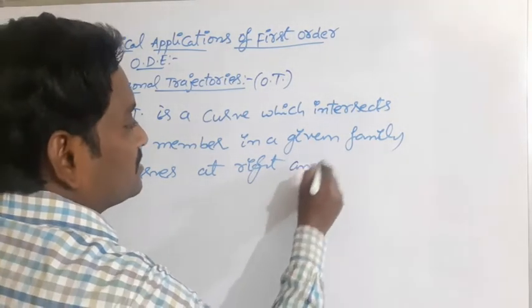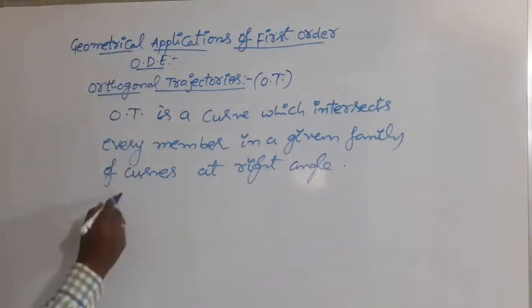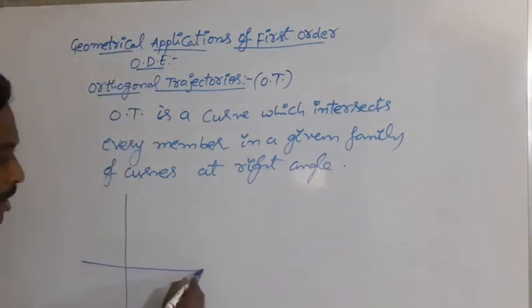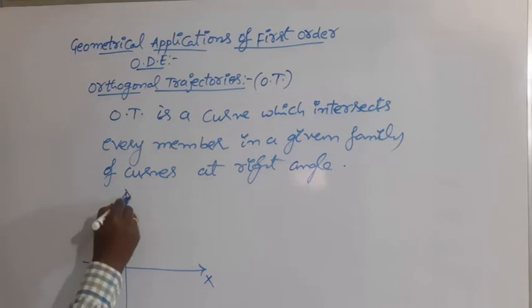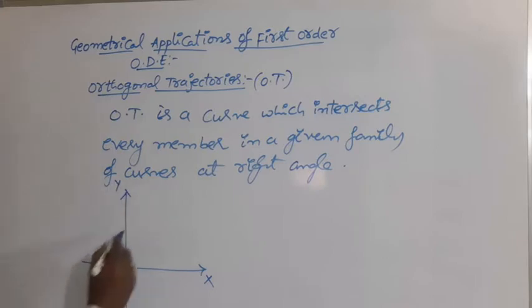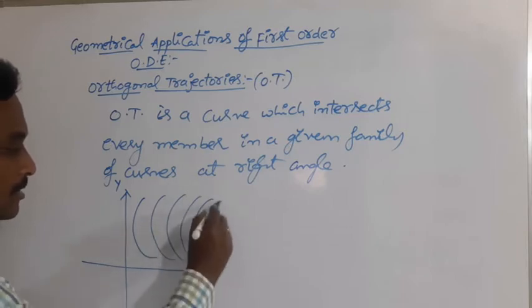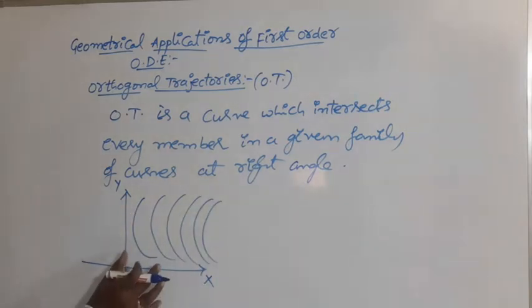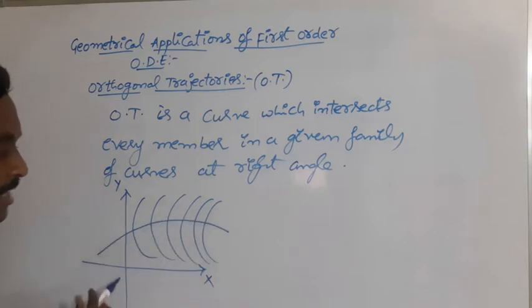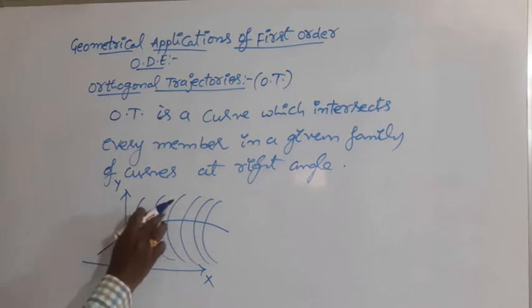See here. For example, in a coordinate system, I will take some family of curves like this. Maybe this is the given family of curves. Assume that there is a curve like this and this curve intersects every curve in this given family at 90 degrees.